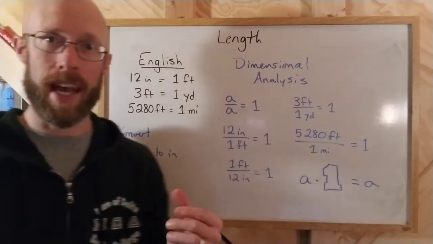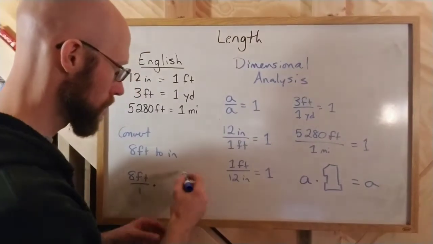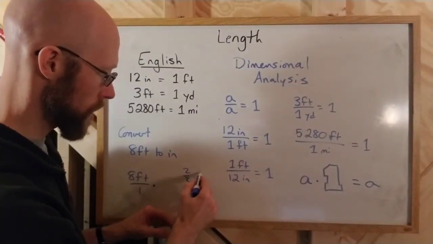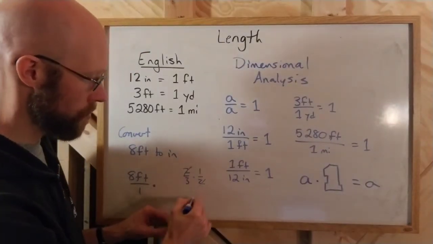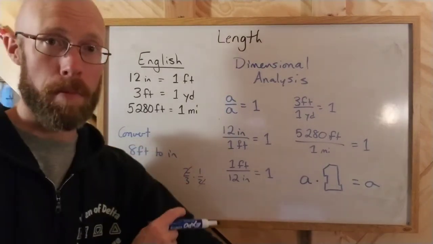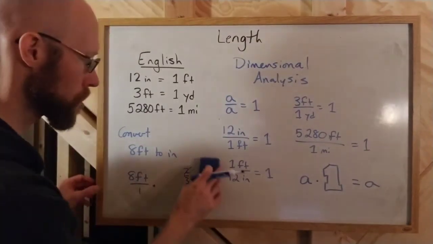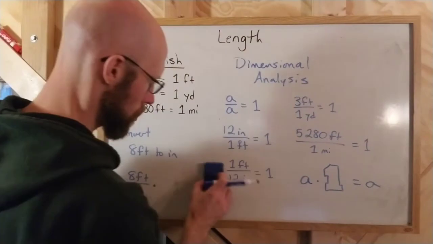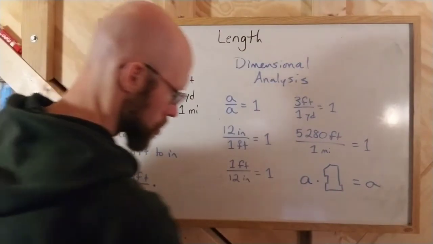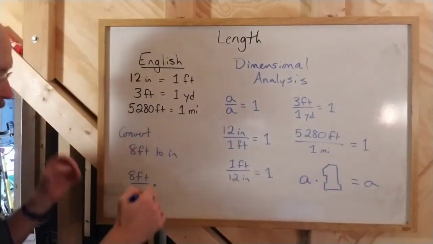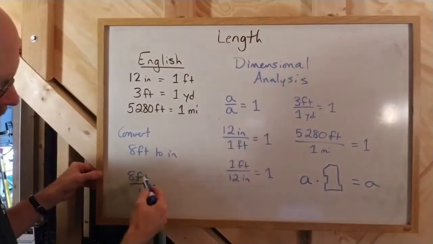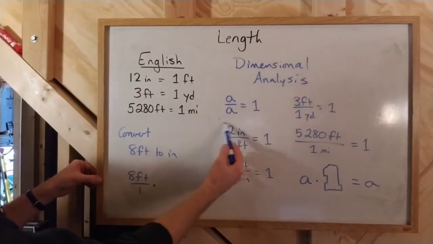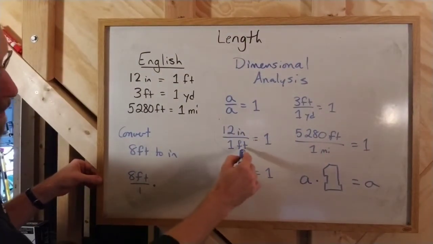Okay, think of it as canceling fractions, right? If you had 2/3 times 1/2, you cancel fractions as long as one's on top, one's on the bottom. Sort of the same thing with units. It's not exactly, but it works out that way. And so if you take 8 feet on top, the feet are on top, then you want to take the fraction here with the feet on the bottom.